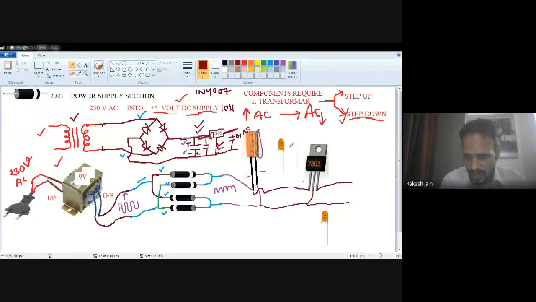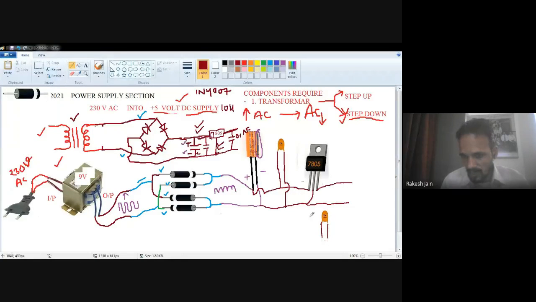Okay, so there are two pins of both the capacitors. Because there is no plus or minus, you can connect any terminal at the upper side. The first terminal is connected with the first pin of the voltage regulator IC, and the second pin is connected with the ground. So I use a jumper wire and connect it with the minus terminal, the middle terminal of the voltage regulator IC.